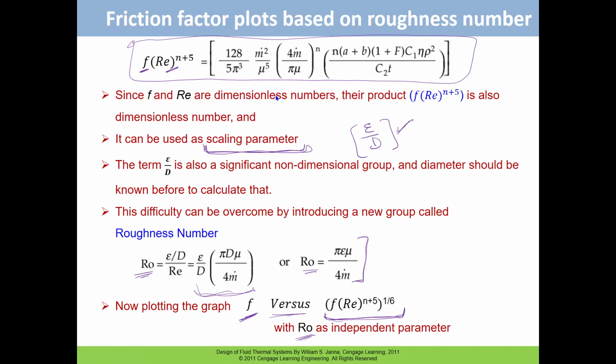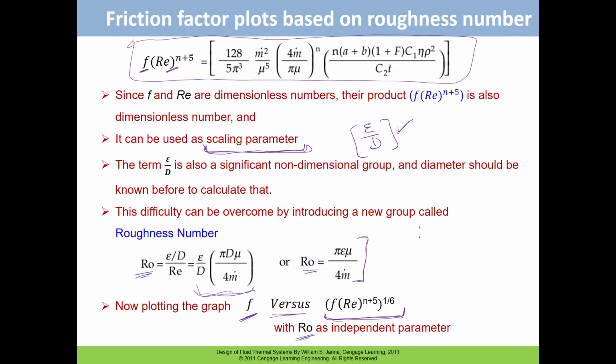So now our objective is to draw the curve or set up a relationship between f and f Re. We know this is the relationship, but this relationship doesn't give us the diameter, right? So we want to set up the curve between these two. Our objective is to find out f. If we know this quantity, then we should be able to find out the friction factor.